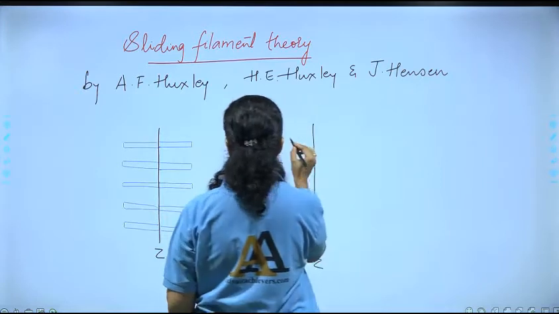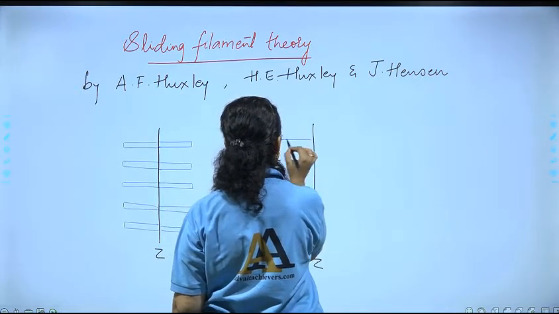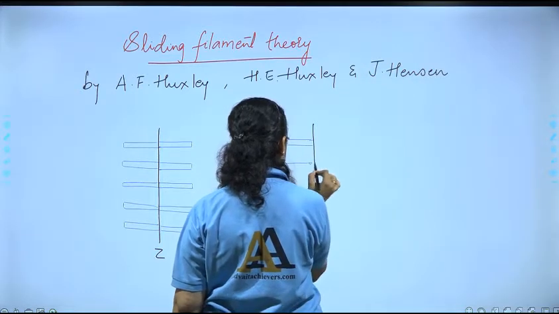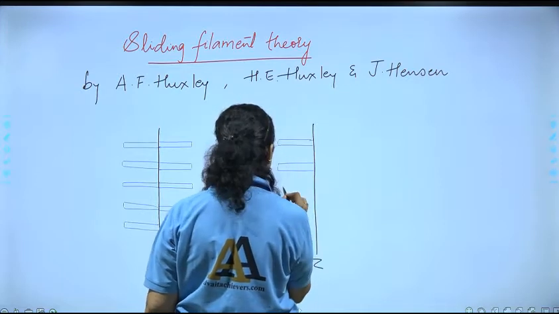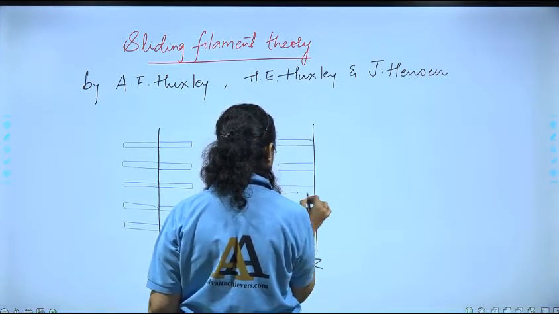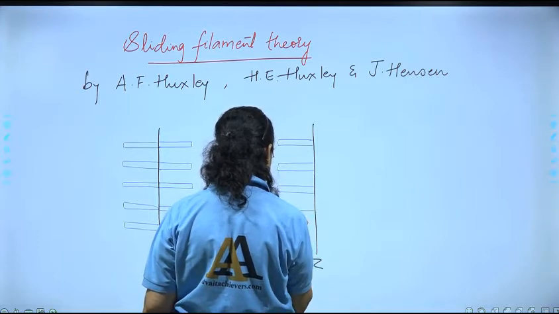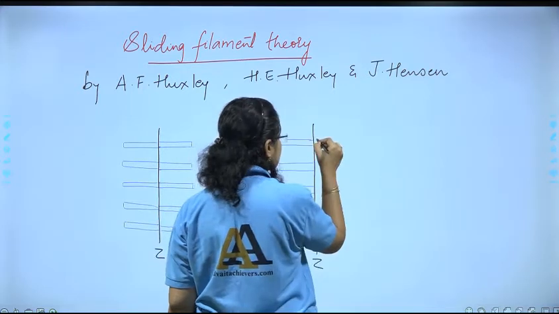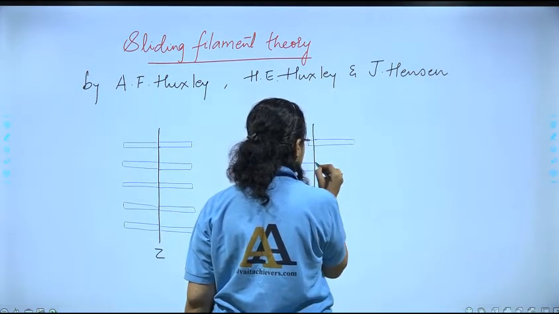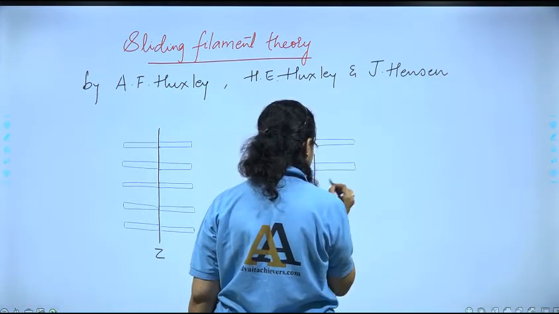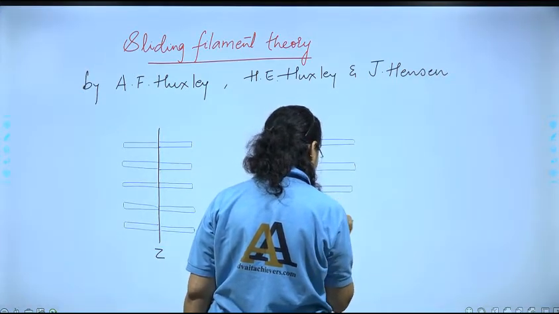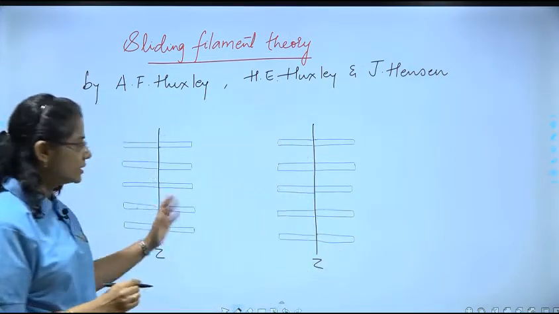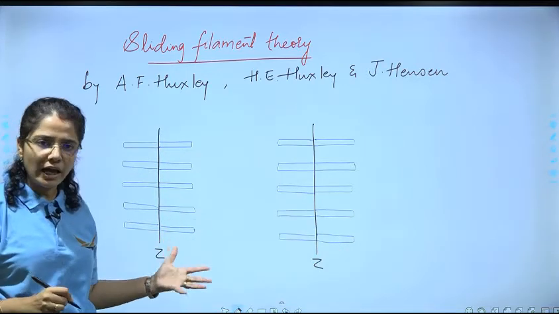On either side we have to draw. So, these are the I band or the actin filaments.